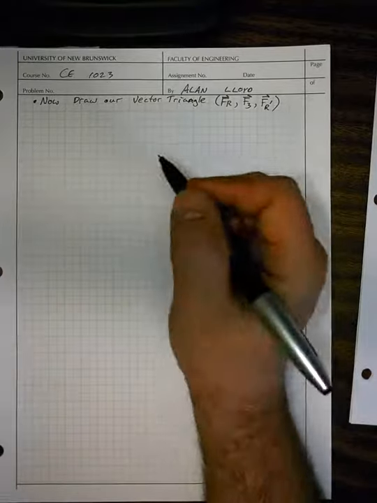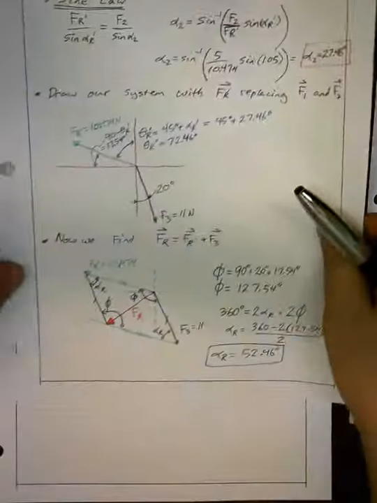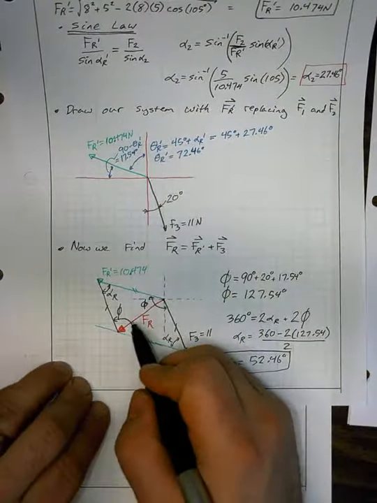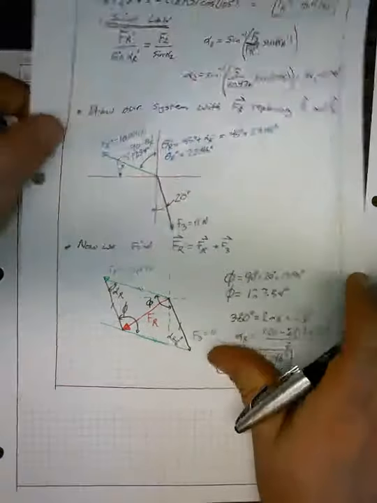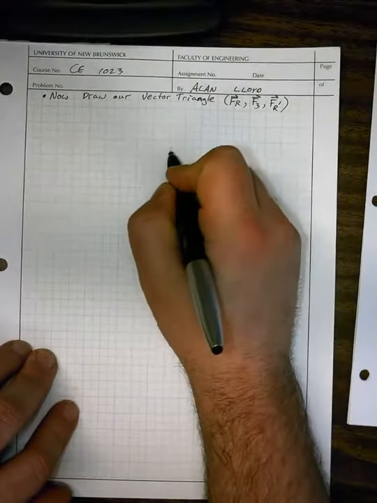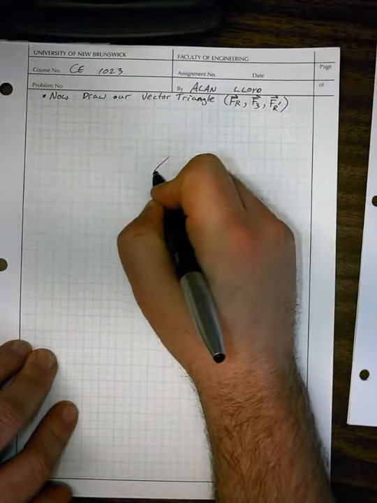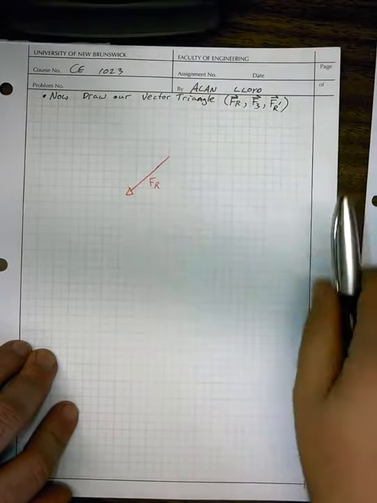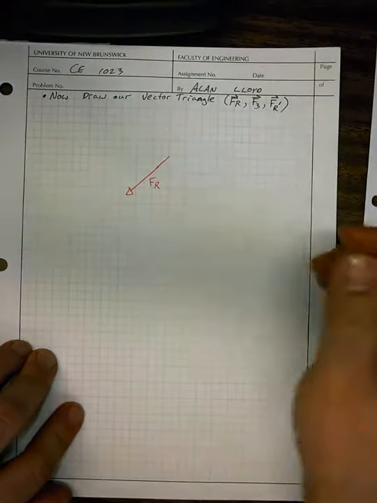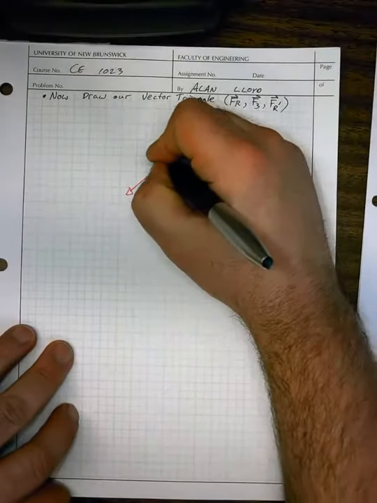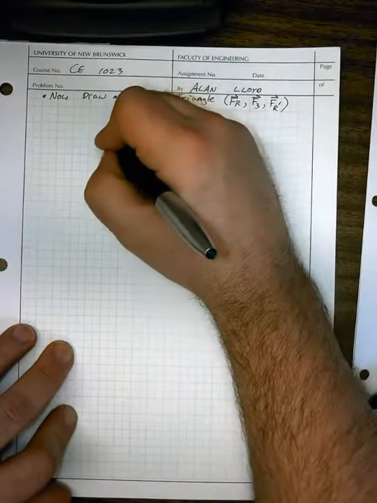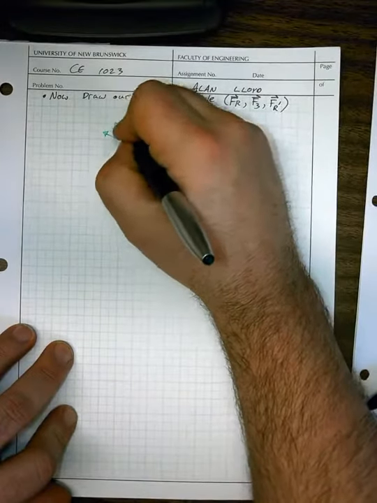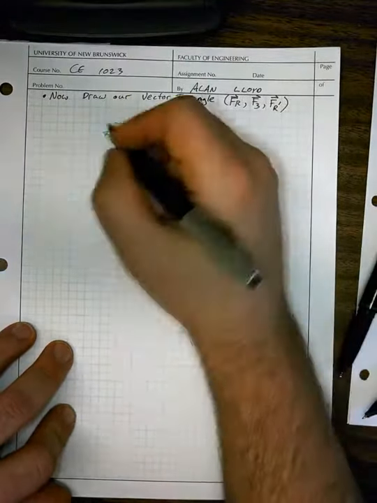And we know that we're going to take the top, I'll put this up here, the vector triangle. For this drawing, I'll just use this top triangle here. Let's draw that in. We'll start with our force vector here, our resultant vector, FR, and then we have a FR prime vector, and we have an F3 vector.